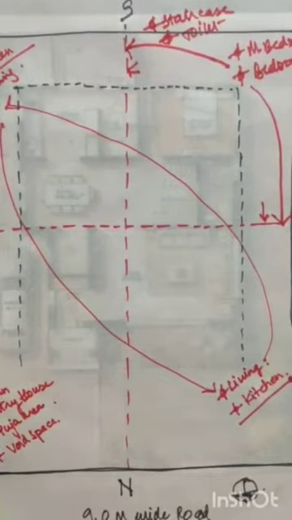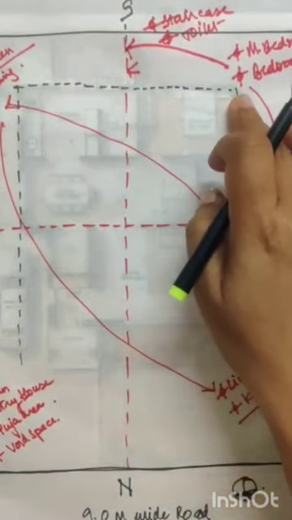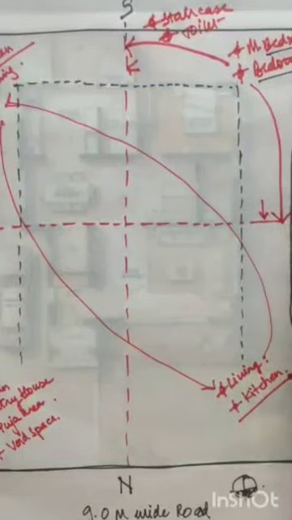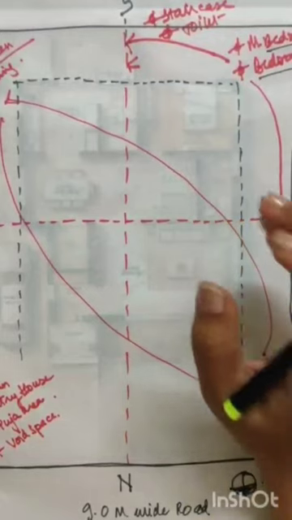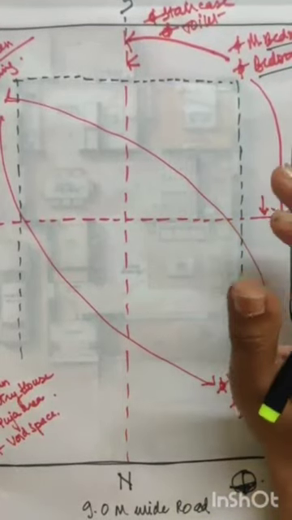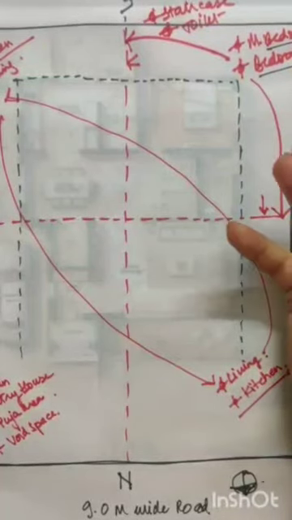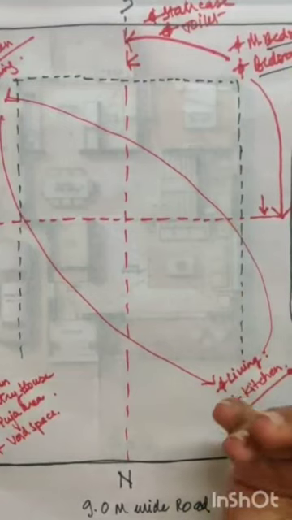Now what we are going to do, how are we going to derive the plan? So basically we have got the width of the structure and we have the master bedroom on this direction. Any given space shall have a minimum usable space, like the bedrooms and the dining areas should have a minimum of 3 meters, that is 10 feet.